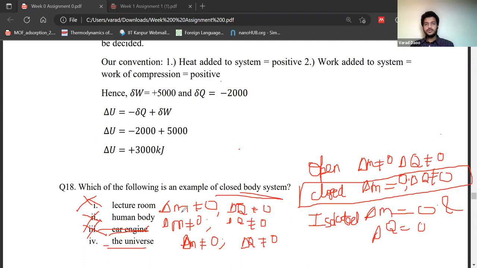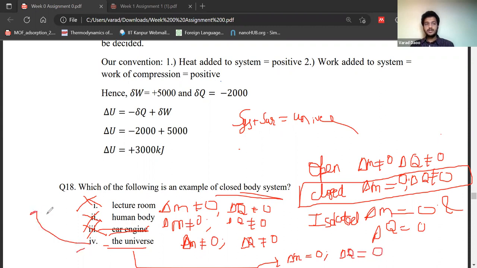So universe: we have system plus surrounding is equal to universe, right? So for universe, it cannot exchange mass with the surrounding, so delta M is equal to 0. Similarly, delta Q is equal to 0. That means universe is an isolated system, right?